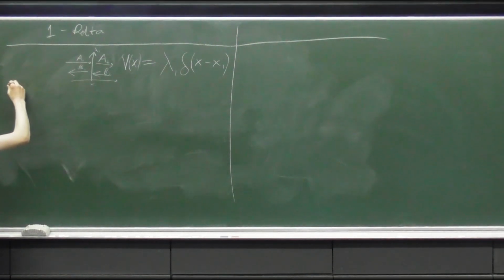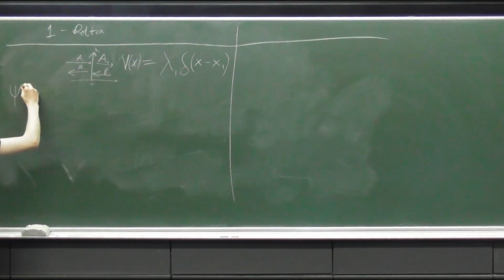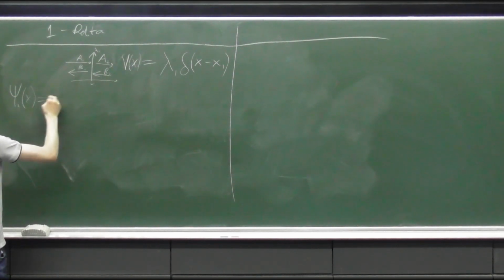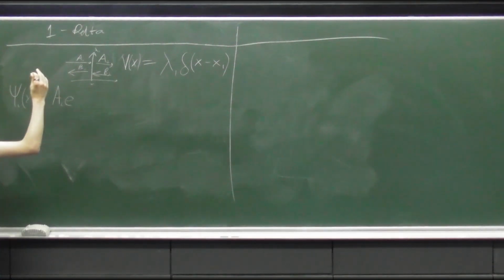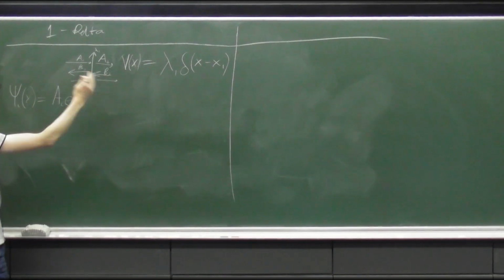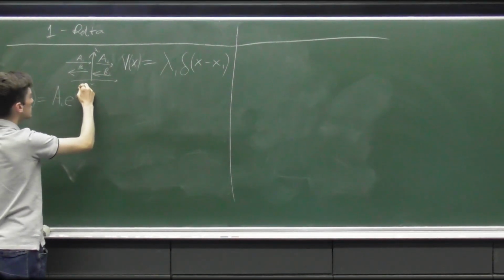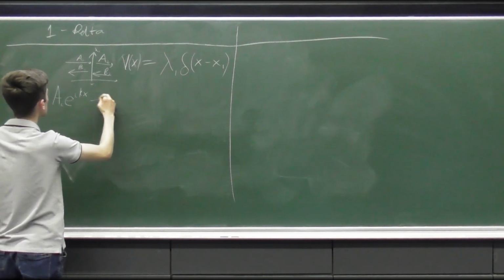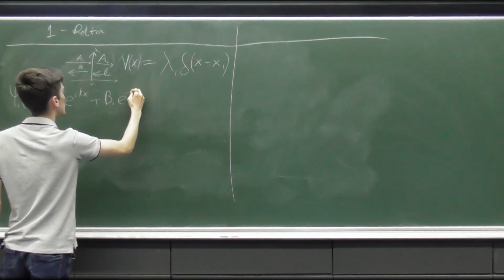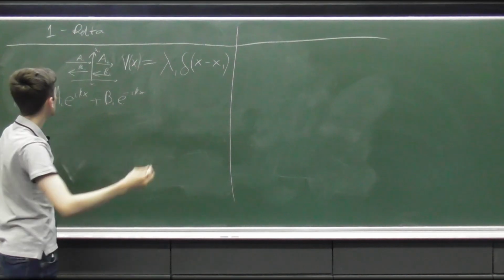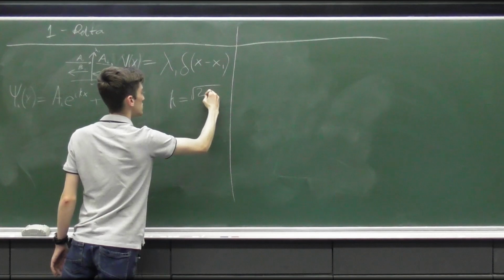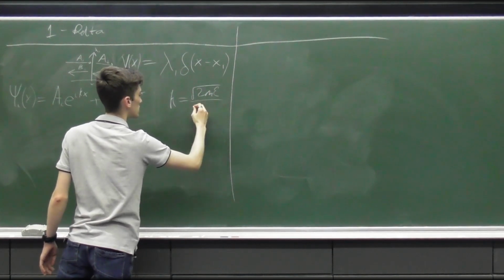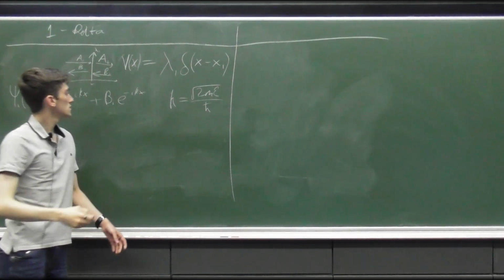We then describe our wave function, determining a wave function for each side of our potential: A e to the i k x plus B e to the minus i k x. k is equal to the root of 2mE over h-bar squared.